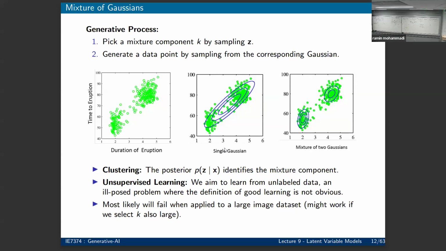That's normally a better space for clustering compared to clustering over the original data. So one of the reasons we use these types of models is clustering, because if you learn a good latent representation, then you can do clustering and use it for unsupervised learning. It has some caveats, but it's still possible. But this mixture of Gaussian mostly will fail if you apply it to a large image dataset, because it can hardly generate good data.